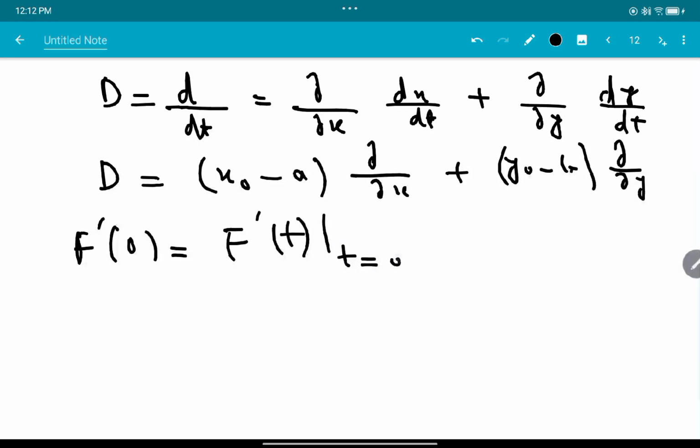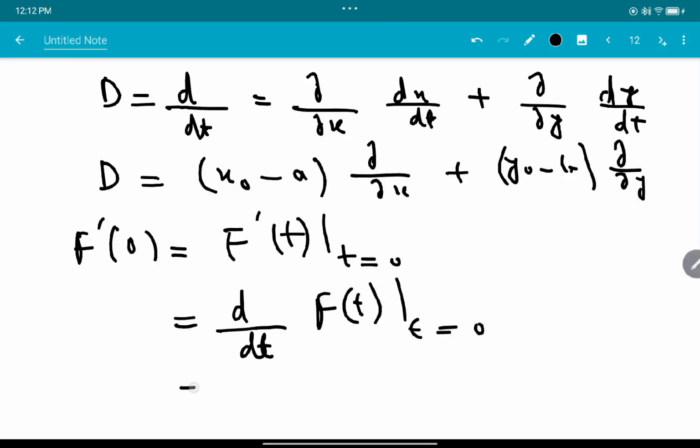That means you have to evaluate at t equal to 0, which means f dash t is d by dt f t, to be evaluated at t equal to 0, but that is equal to, I can write D for this, D f.